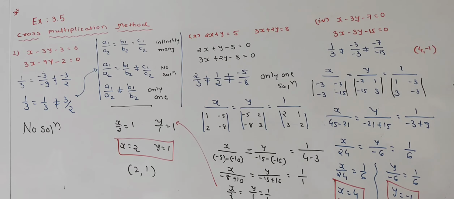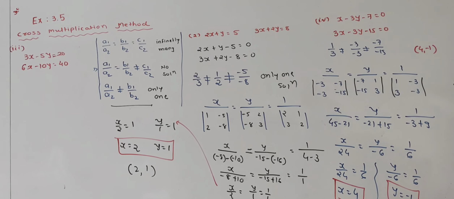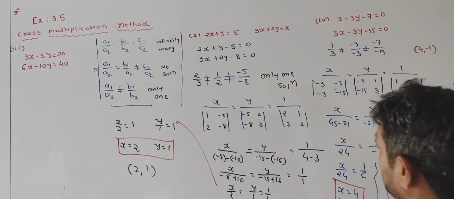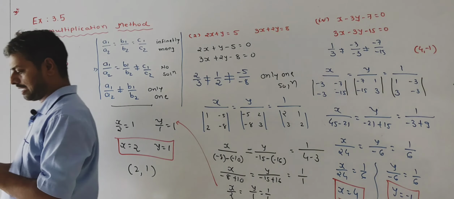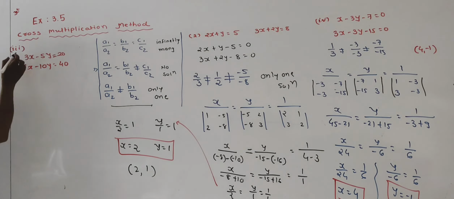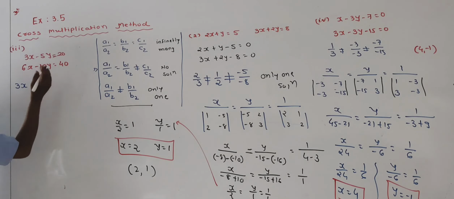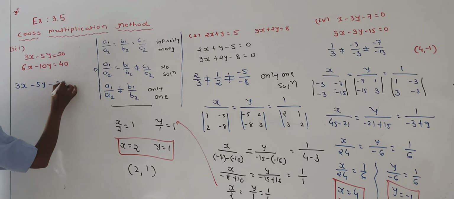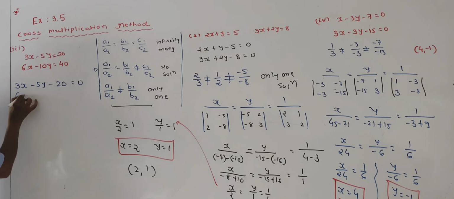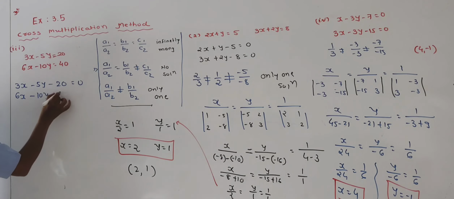Now another one is also there, that also we are going to see. Now the third example, which was remaining. First, we have to write this equation in a proper way. So 3x minus 5y minus 20 is equal to 0, 6x minus 10y minus 40 is equal to 0.